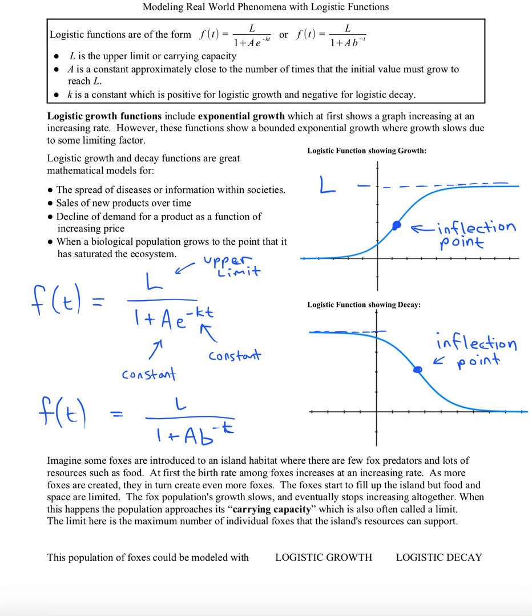If some foxes are introduced to an island habitat where there are few fox predators and lots of resources such as food, at first, the birth rate of the foxes would be quite high, but as time goes on, they would find that the food and space are limited. Would this be an example of logistic growth or logistic decay? Well, since their numbers start off low and approach some maximum limit, the carrying capacity, this would be logistic growth.